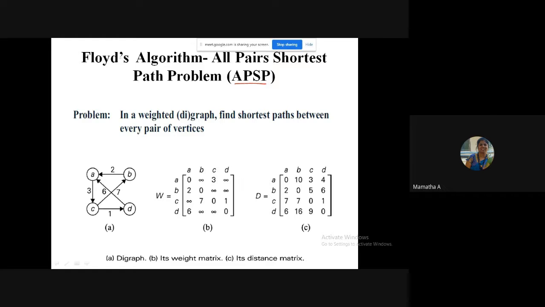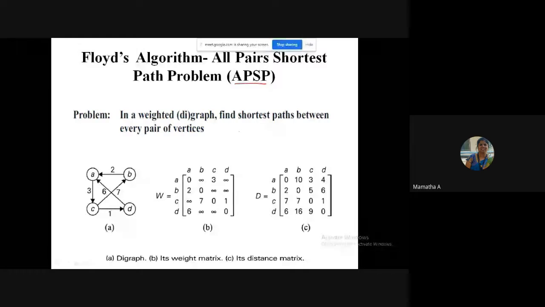So now, if I have to compare with Warshall's. So Warshall's, what I did is, I just found out the path matrix. So what I did in the path matrix, if path is present, 1. Otherwise, 0. But as the name indicates, it is telling me all pairs shortest path problem. What is it?